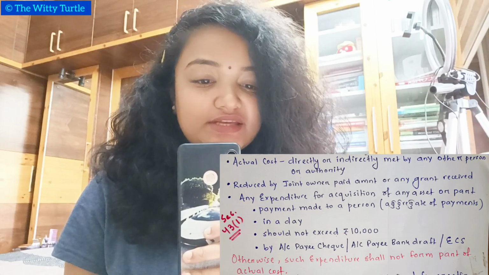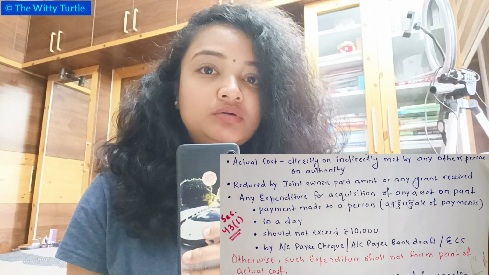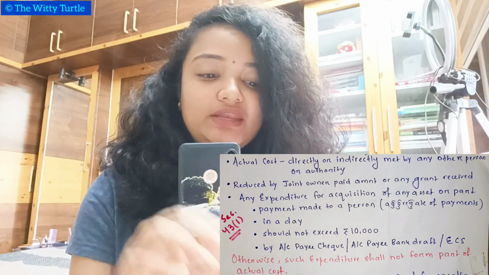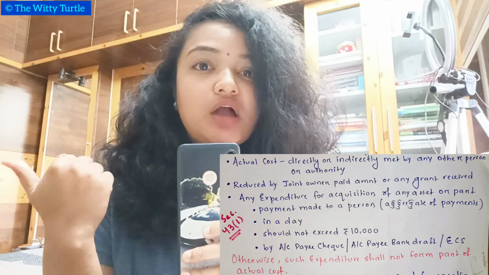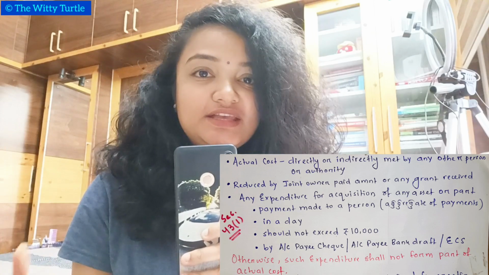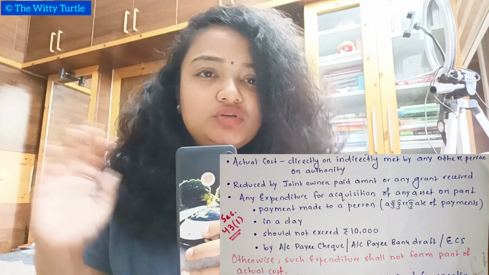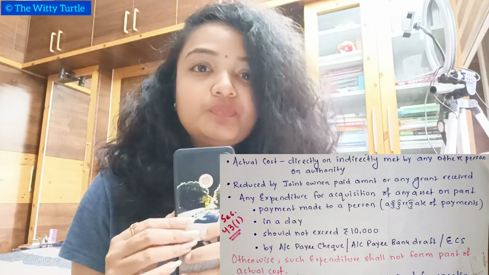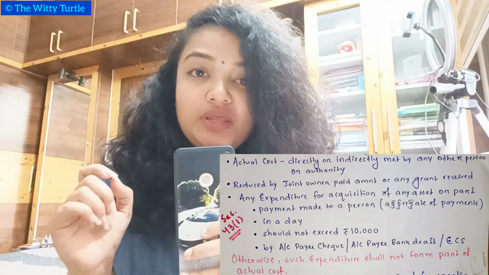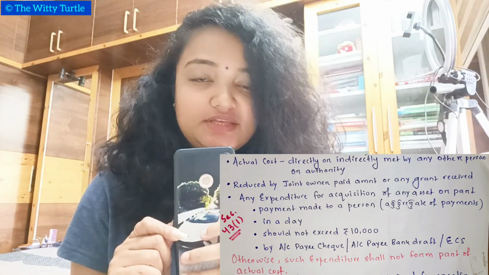But here what is the exception? If you are making the payment through an account payee cheque or account payee bank draft or ECS, that is your electronic clearing system, then in that case more than 10,000 of payment is okay. But if you are doing any cash transaction of more than 10,000 rupees, that will not be allowed under this section, right?